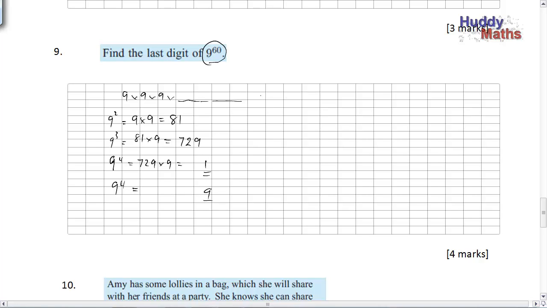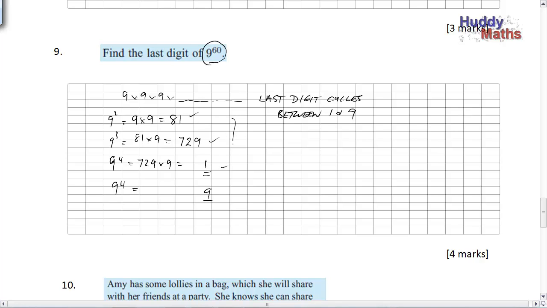The last digit is going to cycle between 1 and 9. Okay, so even powers here, you start off with 1, then it's 9, then it's 1.